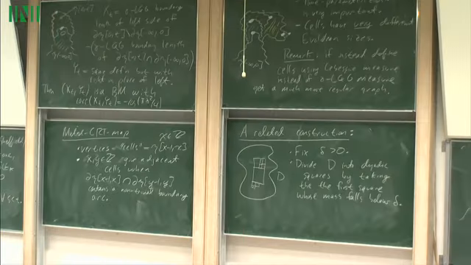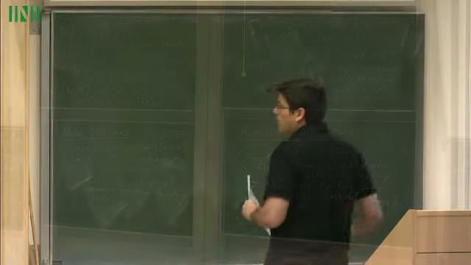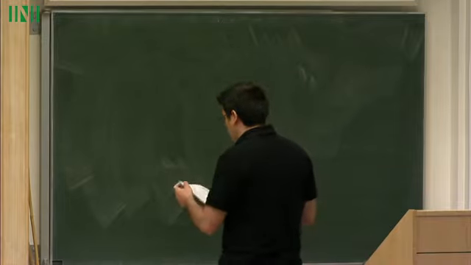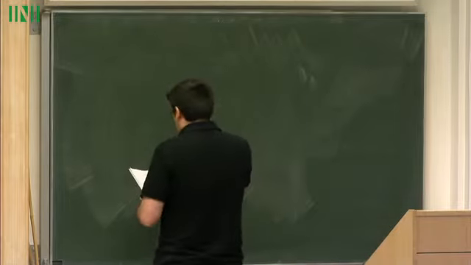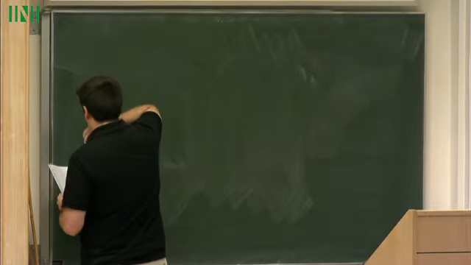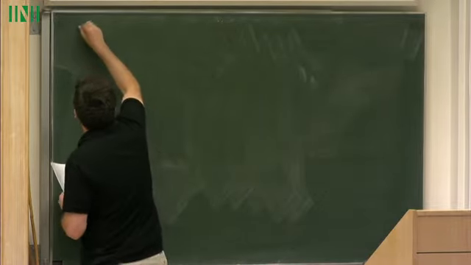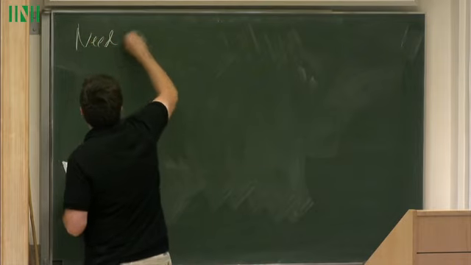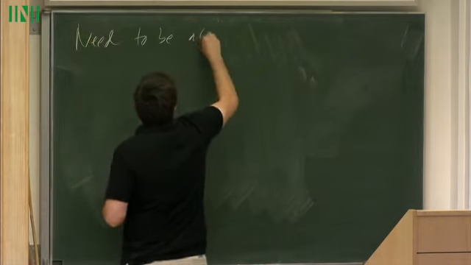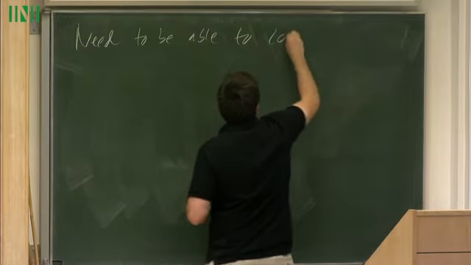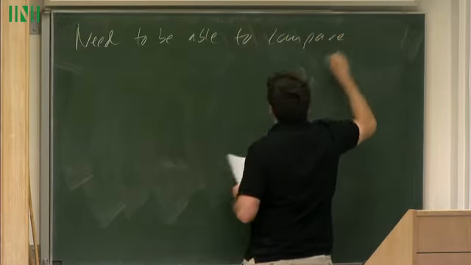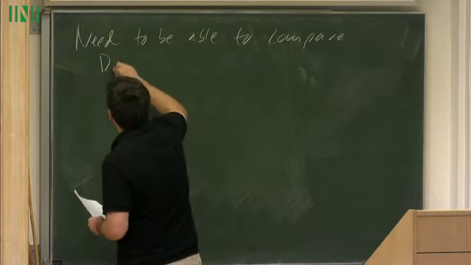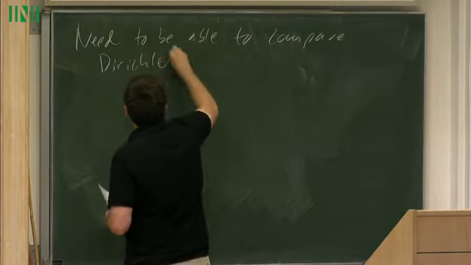Okay. So again, the goal in all of this is we want to use these tools, or these representations, ultimately to say things about random walks, in particular random walks on random planar maps. And so what you need to be able to do, for example, is you need to be able to compare or compute Dirichlet energies of harmonic functions.